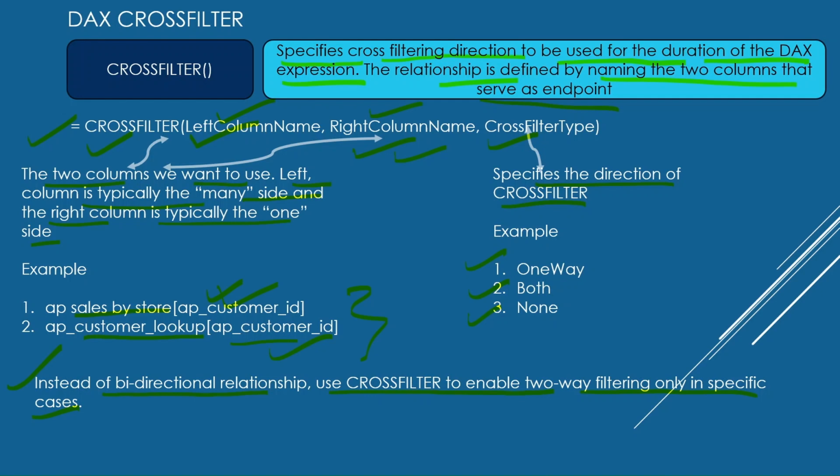So it is better to use the CROSSFILTER function, which enables filtering, instead of creating a bidirectional relationship during the creation of the data model. It is always advisable to use the CROSSFILTER function whenever we are going to enable two-way filtering.